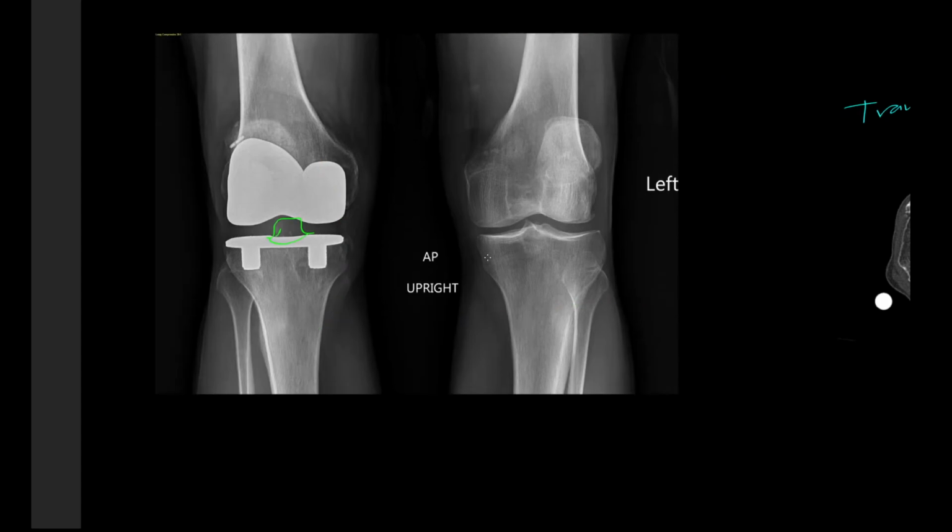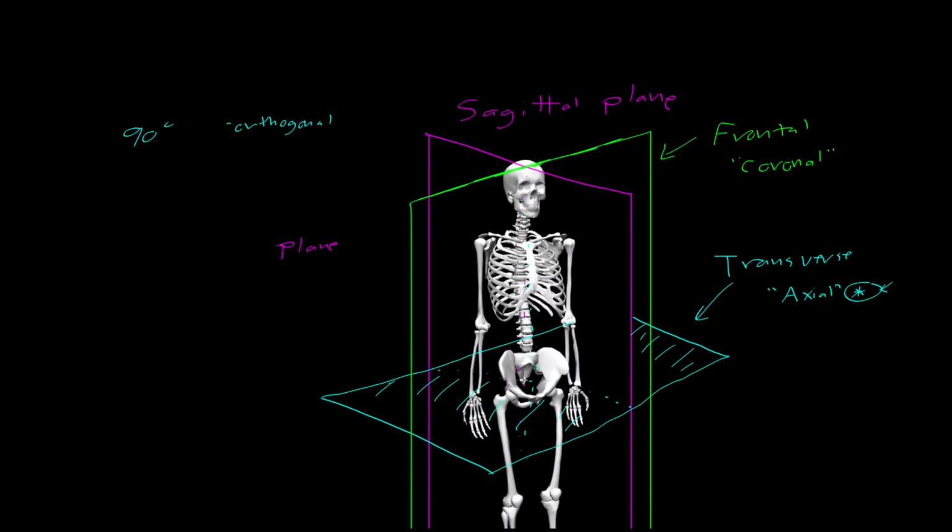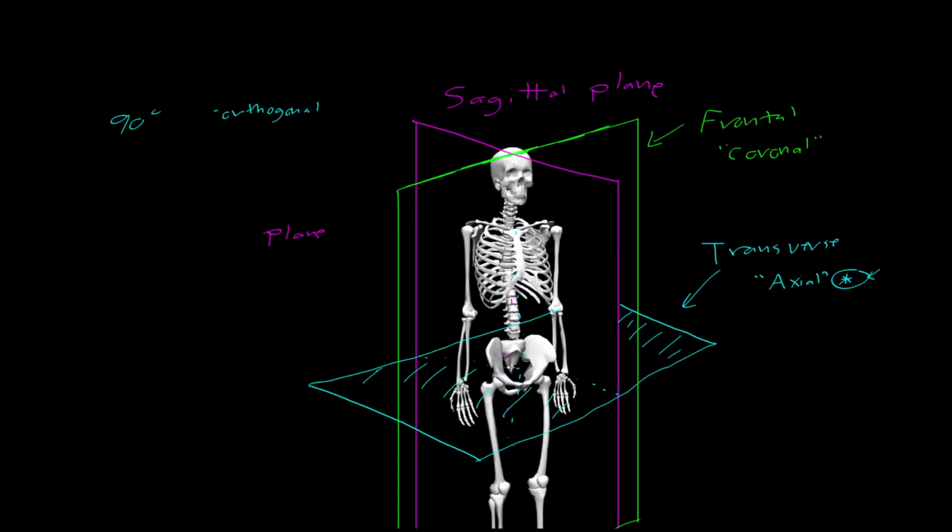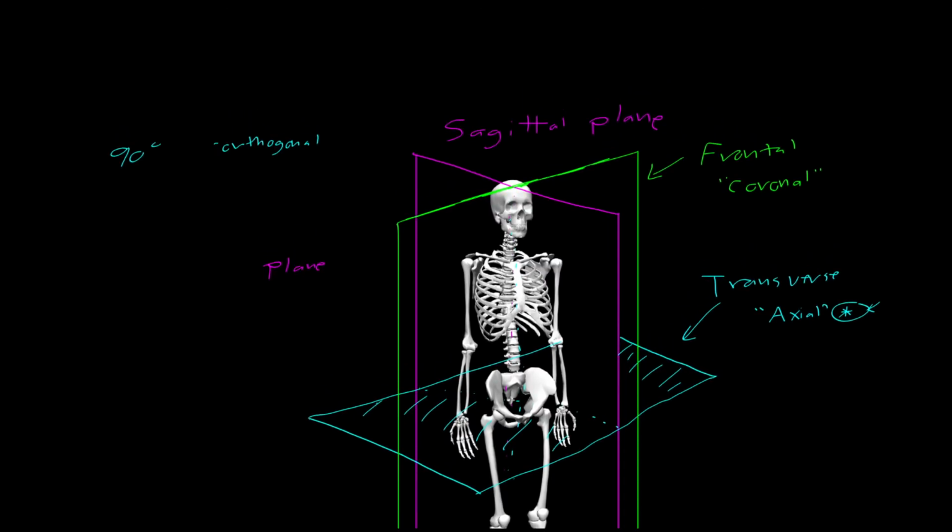There's another word for this also. There's another term which is hinted to us here with this AP. Maybe you remember from the last video, we talked about how moving this way versus this way is going forward, that's anterior, and going backwards is posterior.